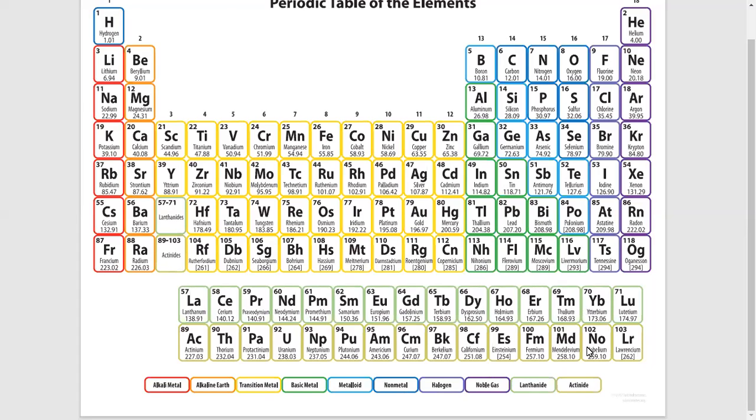Now we should probably explain your electron configuration a little bit. So let's take a look at that now. Your electron configuration is in terms of the fact that electrons are arranged firstly in shells. After they've been arranged in shells, they're arranged in subshells.